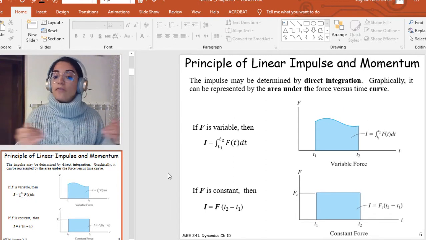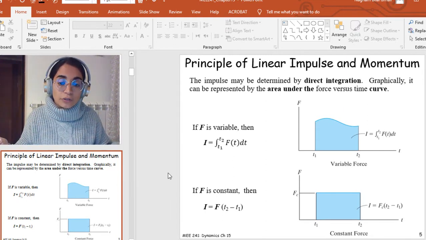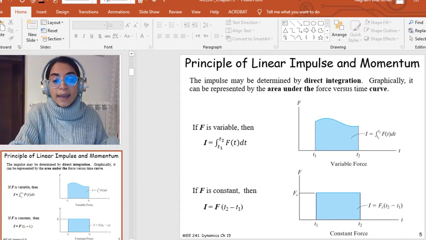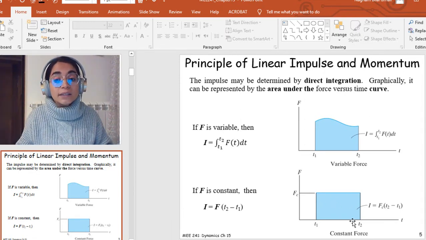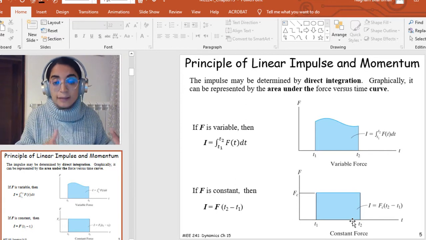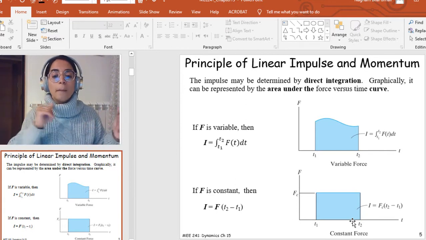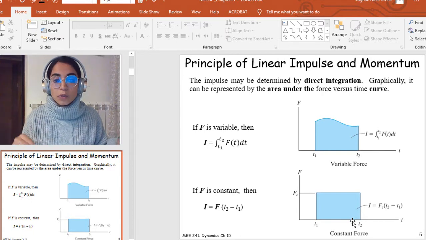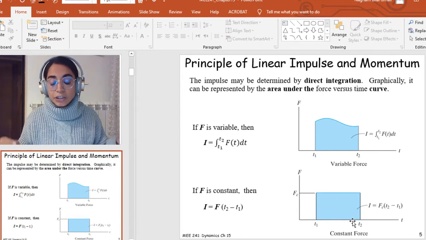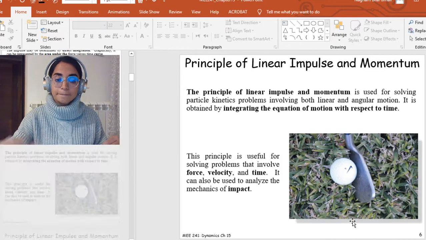And of course, if this force is constant with respect to time, then this area will be the area of a rectangular shape, and it's going to be equal to F, which is constant, times t2 minus t1. So by definition, I, which is the impulse, is the integration of F dt.